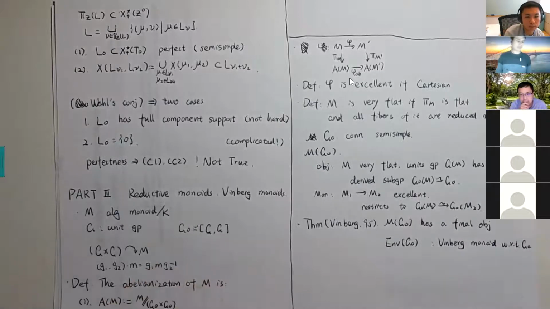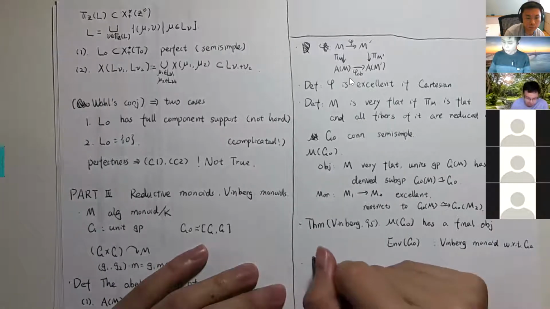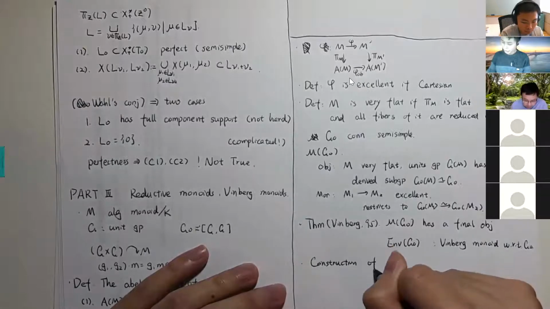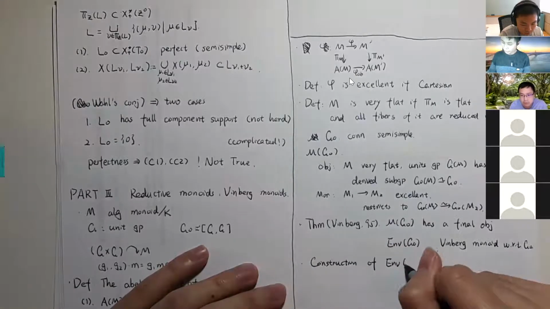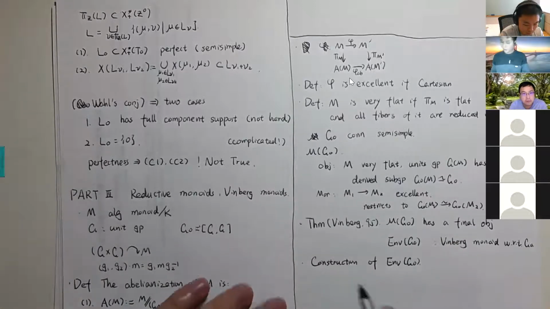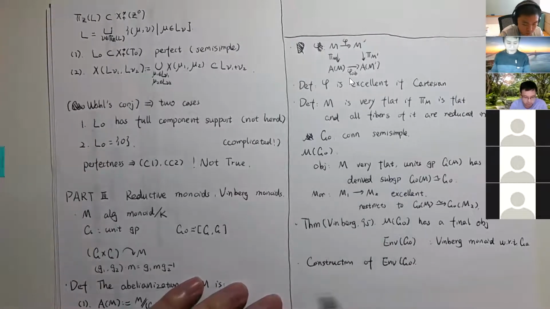Definitely we will not talk about the proof of this one, and for the construction of this Vinberg monoid, because I am running out of time, I will first just say its connection with the perfectness.